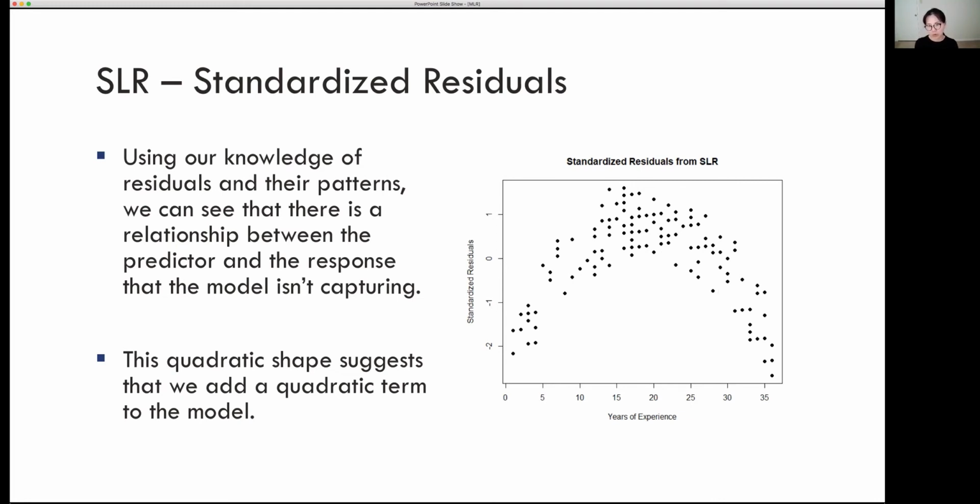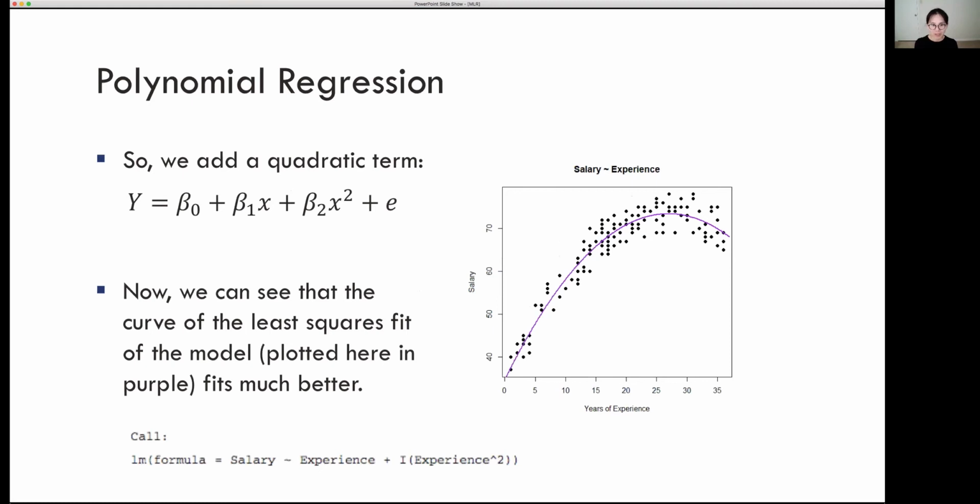So now we move from a simple linear regression where we only have one predictor x, and we add another quadratic term, which is x squared. Take a look at the model first, where we have beta 0, beta 1 times x, and also this beta 2 times x squared. So this is the quadratic term that we added.